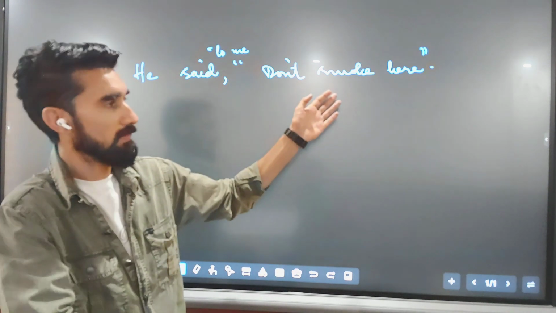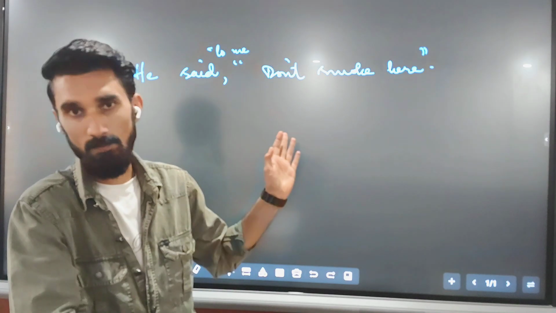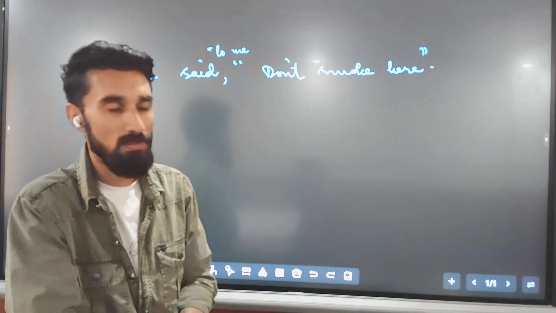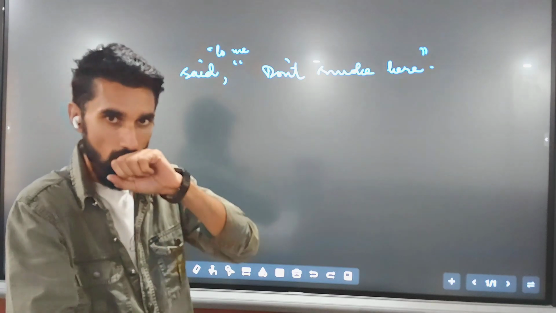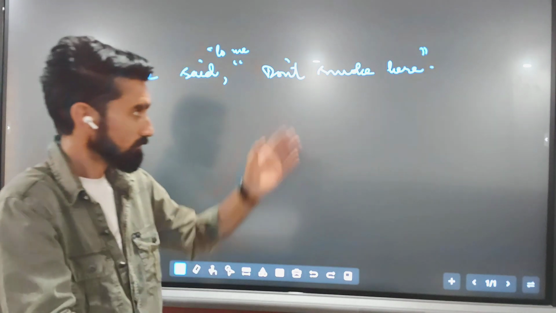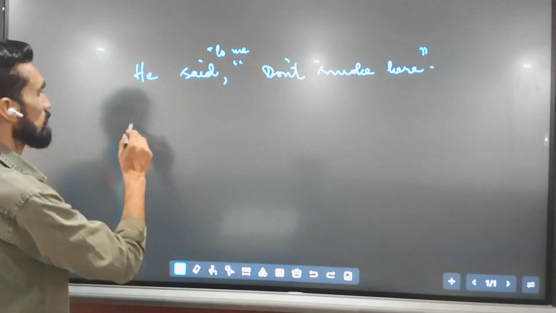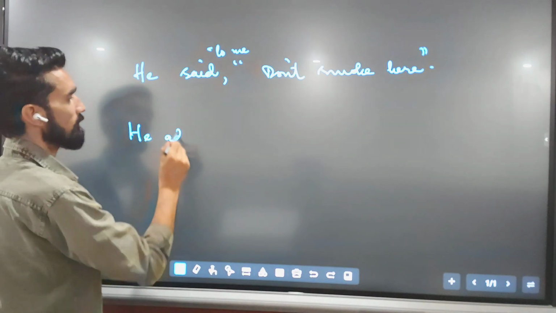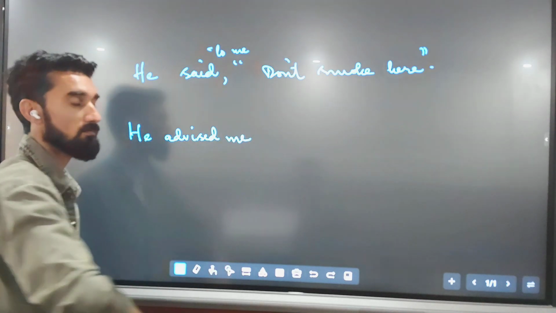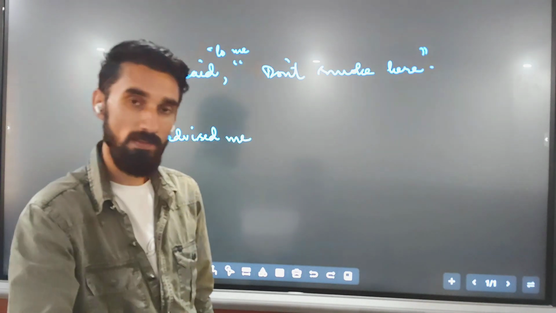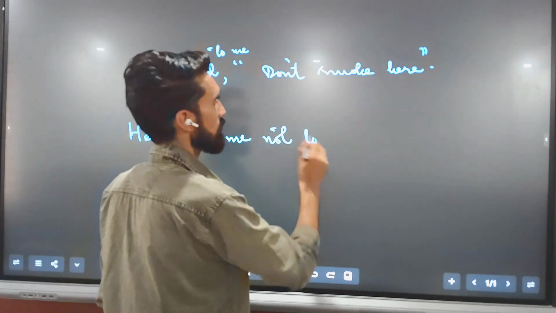Now look at this sentence here in the reported speech and find out which category it belongs to, or which sense it possesses here. Is it an order, is it a request, or is it an advice here? So, most appropriately it can be an advice. So he advised me. Again, this is a negative sentence, so it can be written as not to smoke.